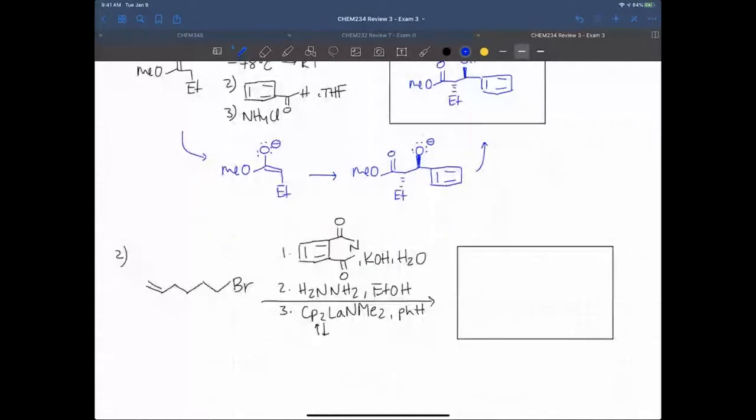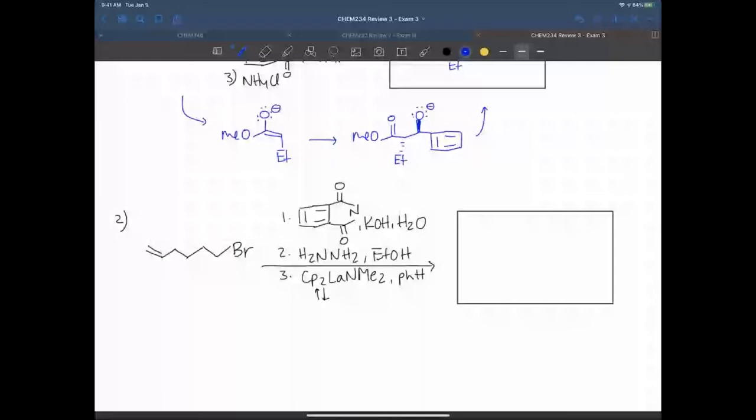Okay, what about number 2? What is number 2 doing here? The first step is, well, it looks like a Gabriel thing to me, right? It adds an NH2, so I'm going to replace bromine with NH2 here. Okay, good. And then step 3, who's that person again?